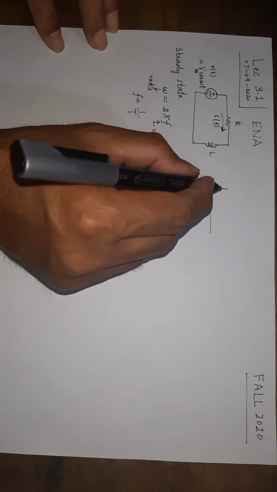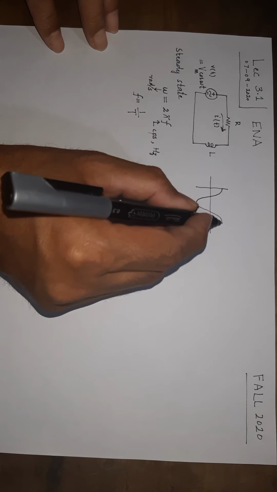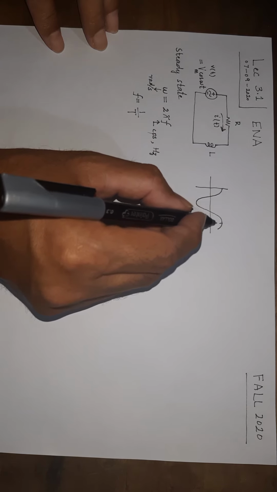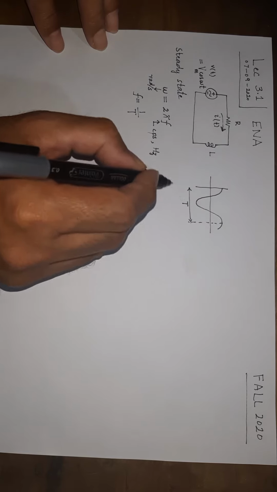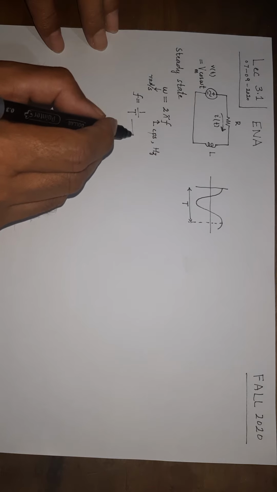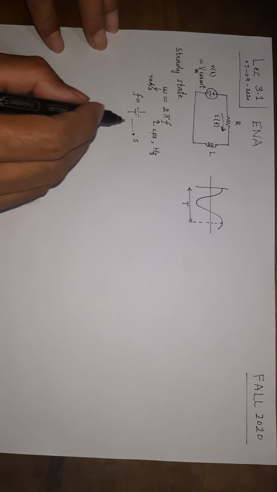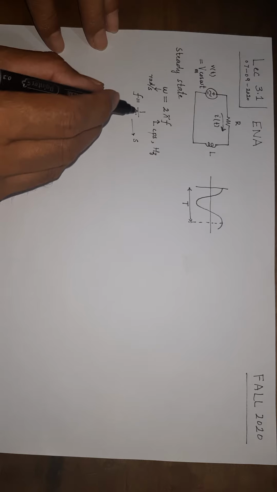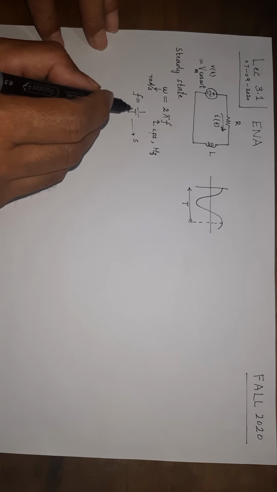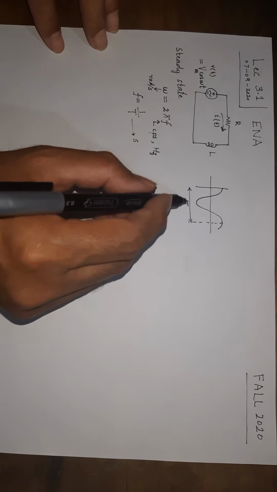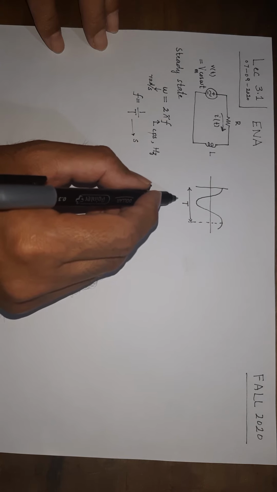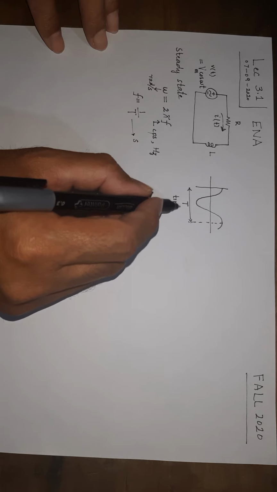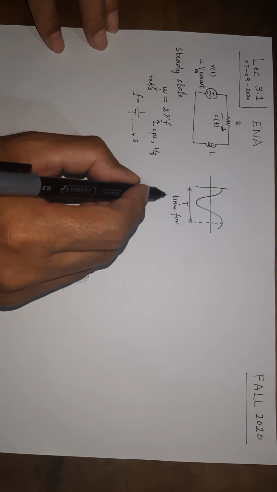So if we have a sinusoidal waveform, then this time of one complete cycle is the time period in seconds, and this is the frequency. The reciprocal of the time period is the frequency. The time period tells the time for one cycle.